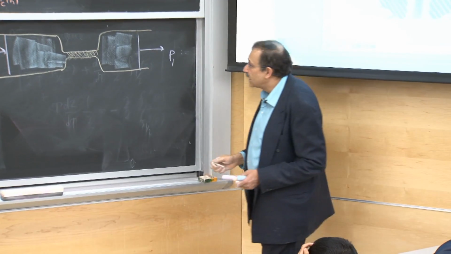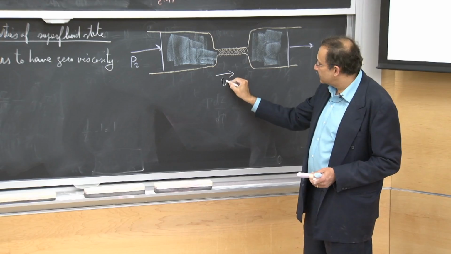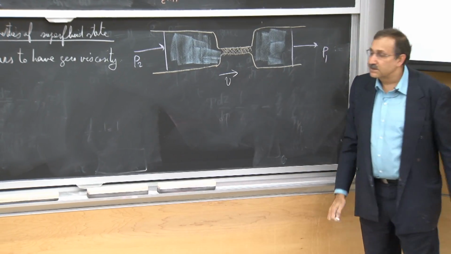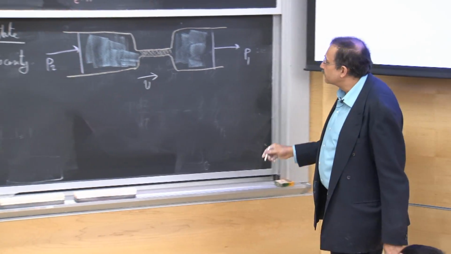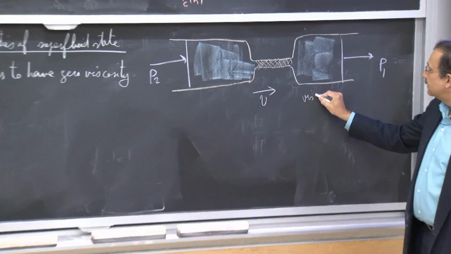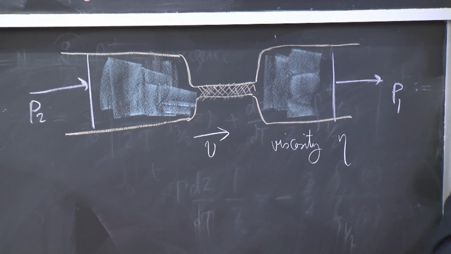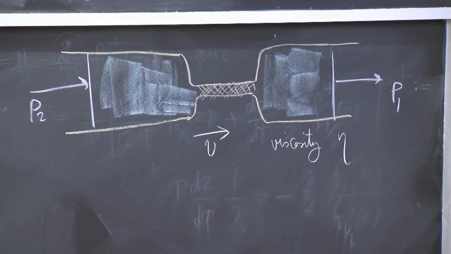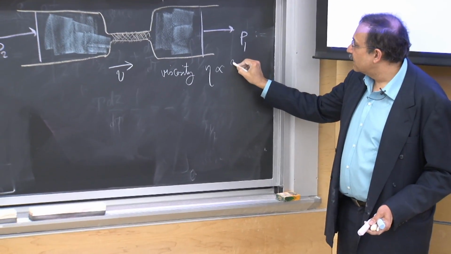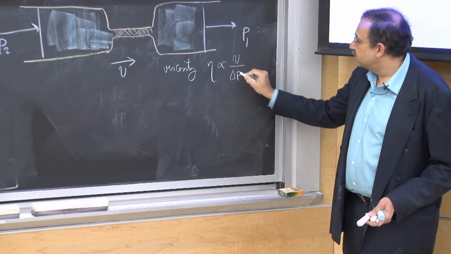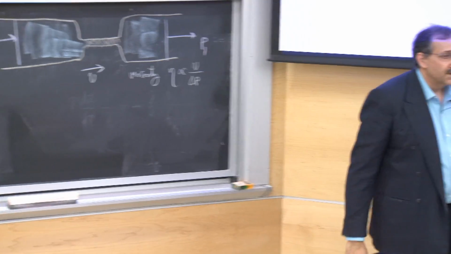Once you do that, the pistons, and hence the fluid, are moving through with some velocity v. And some measure of viscosity, after you divide by various things that have dimensions of length and pressure, would be related to the velocity divided by delta p: to achieve the same velocity, how much pressure difference you have to put.